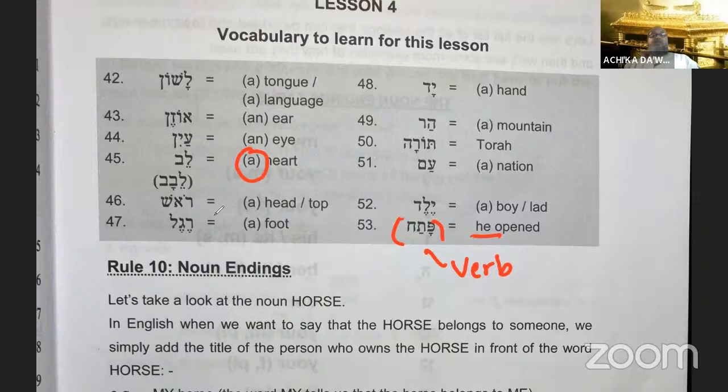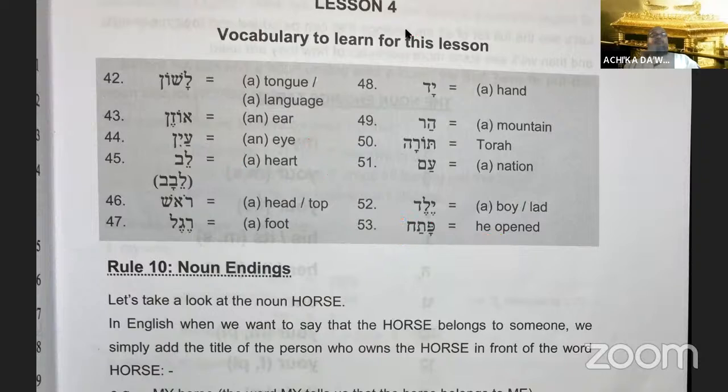You couldn't just say heart, you have to say a heart. If you wanted to be more definite, you would call it the heart. And if it was a the, it would put a letter hey on the front of it, or it would have a direct object marker like an aleph and a tav, to let you know exactly which heart I'm talking about. Okay.